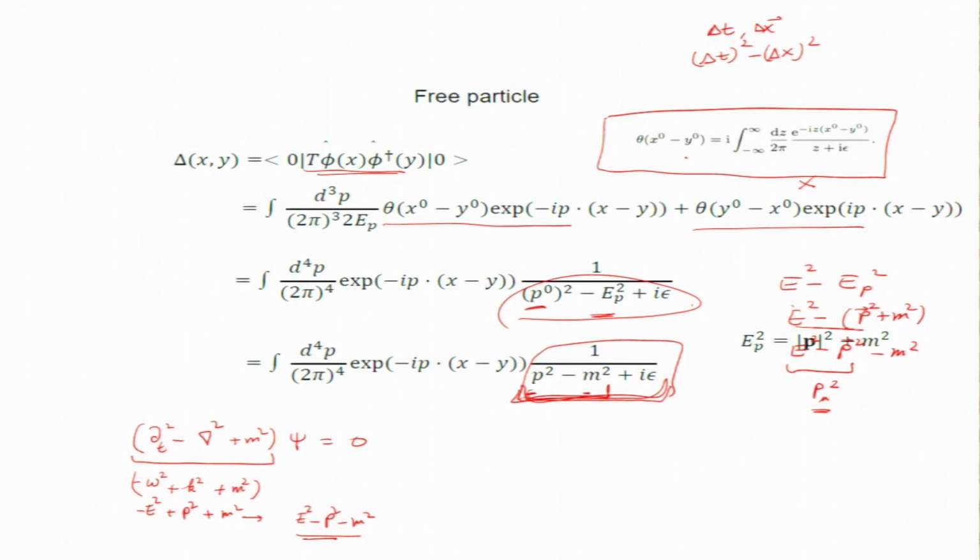This is called the Feynman propagator. You should know this word, Feynman propagator. Of course, this is for quantum field theory, but it's interesting that we get the same thing with a differential equation.